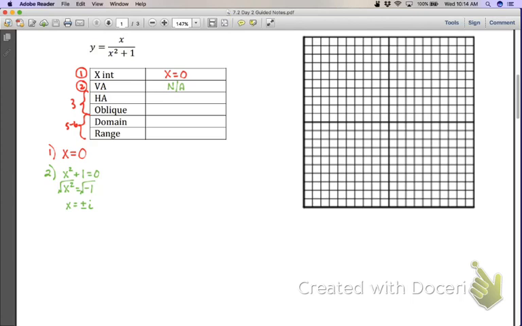So if the top's less than the bottom, do I have a horizontal asymptote, or am I going to go down with the oblique asymptote? Horizontal. So then what is my horizontal asymptote? What is y equal to?